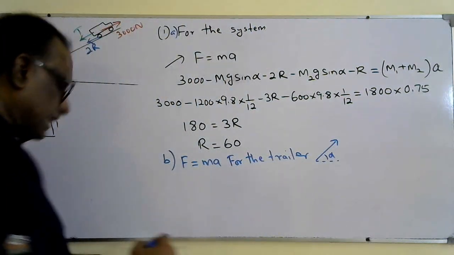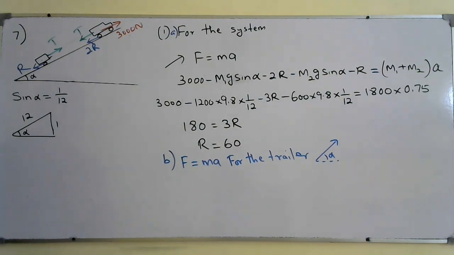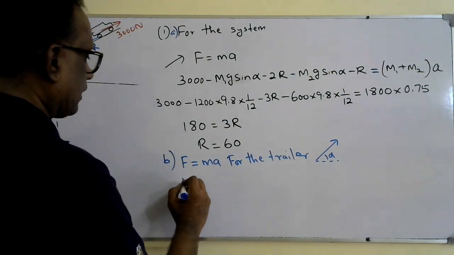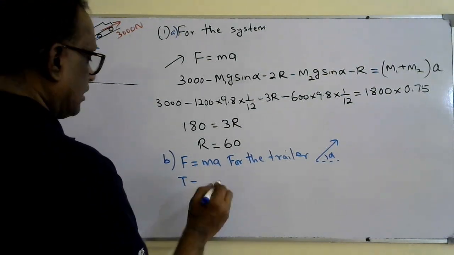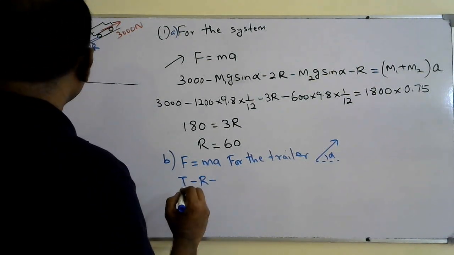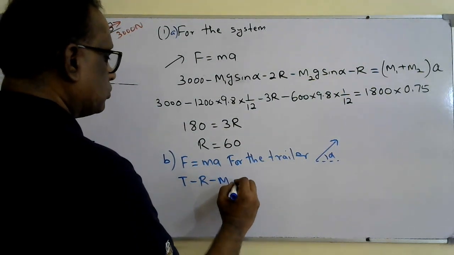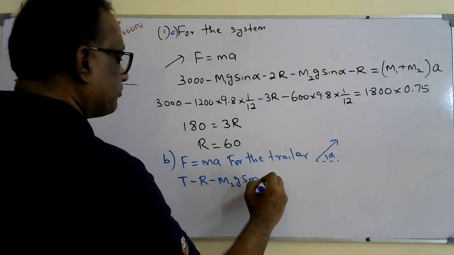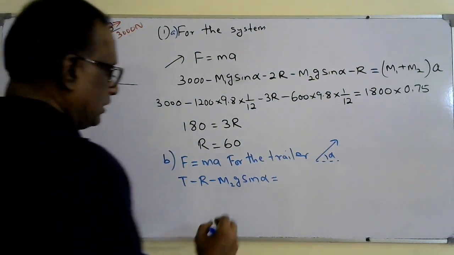What are the forces? T minus R minus m2g sine alpha is equal to m2a.